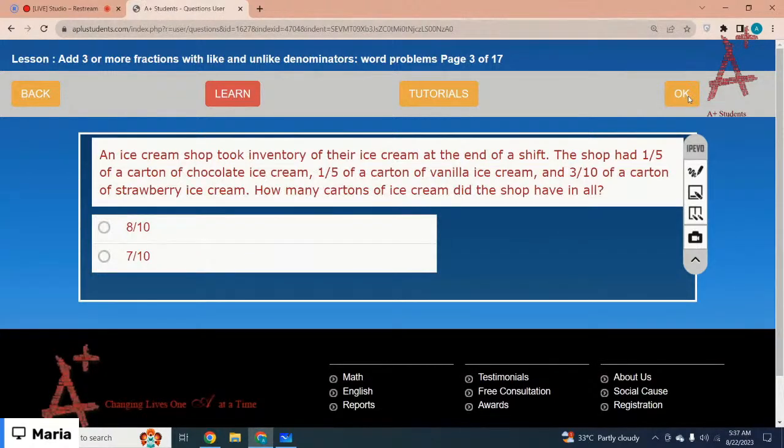The next one: an ice cream shop took inventory of their ice cream at the end of a shift. The shop had one fifth of a carton of chocolate ice cream, one fifth of a carton of vanilla ice cream, and three tenths of a carton of strawberry ice cream.